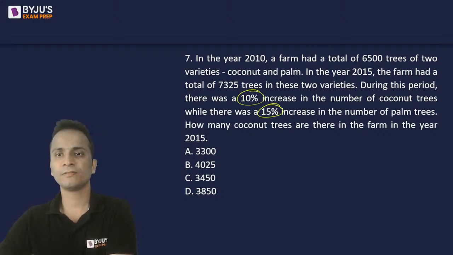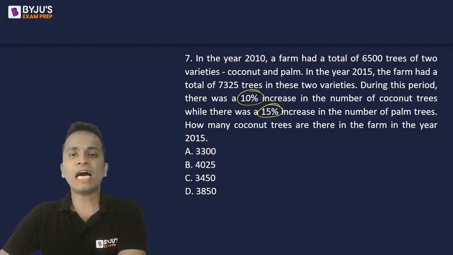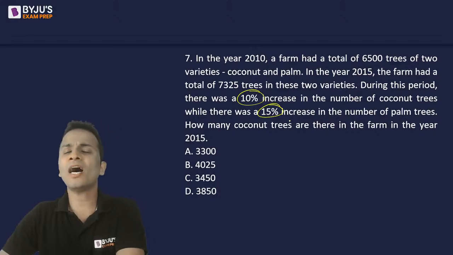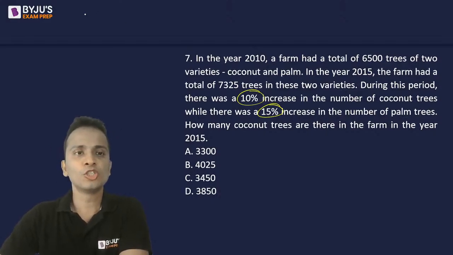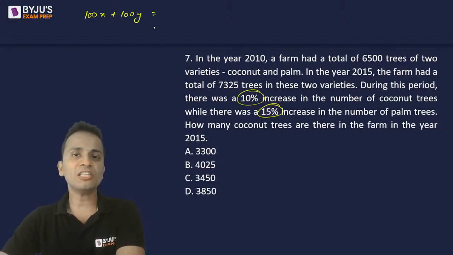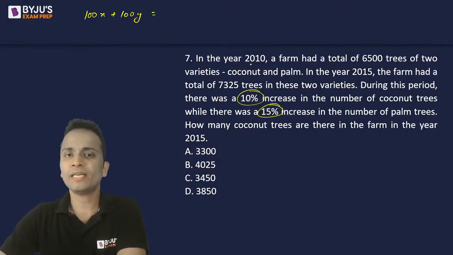Okay, now because of these percentages, I will assume the number of coconut and palm trees as 100x and 100y. Okay, so 100x and 100y were the initial number of coconut and palm trees respectively in the year 2010.